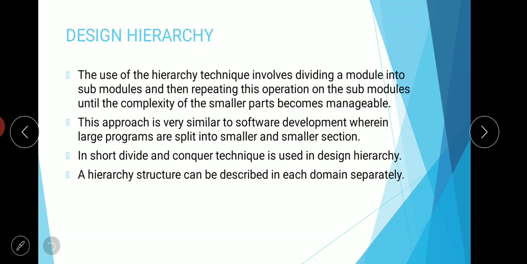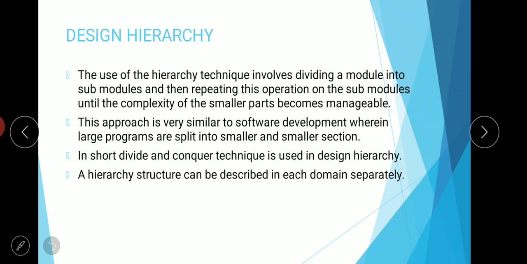The use of the hierarchy technique involves dividing a module into submodules and then repeating this operation on the submodules until the complexity of the smaller parts becomes manageable. So hierarchy in circuit design refers to the creation of higher level cells based on lower level cells.